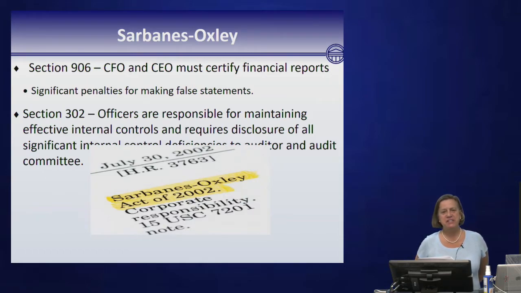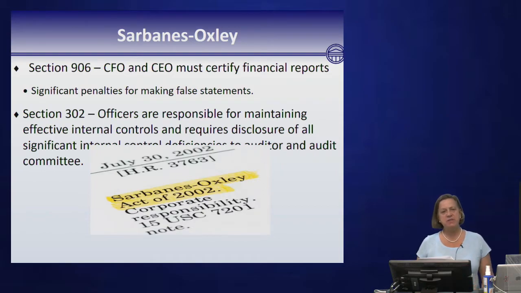So there are significant incentives for CFOs and CEOs to comply with Sarbanes-Oxley. Section 302 of Sarbanes-Oxley, officers are responsible for maintaining effective internal controls, and it also requires disclosure of all significant changes, all significant internal control deficiencies to both the auditor and to the audit committee as well.